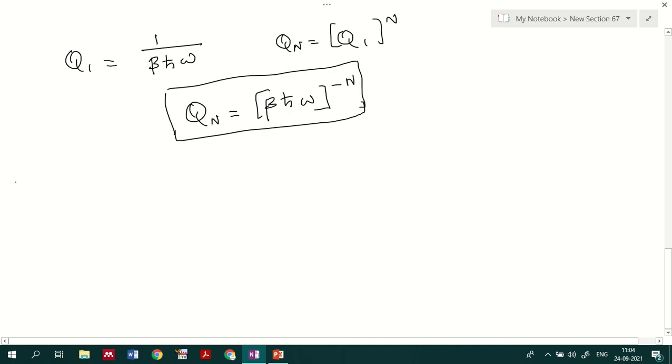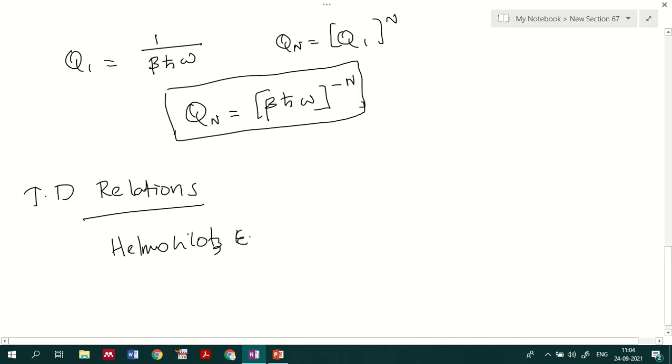Once you get the partition function, we can find the thermodynamic relations corresponding to this harmonic oscillator. First we will identify the Helmholtz energy. For that we have the equation minus kT ln Qn of beta.